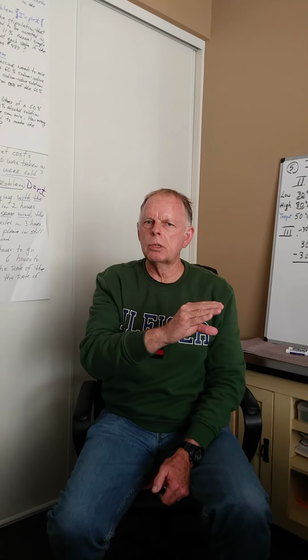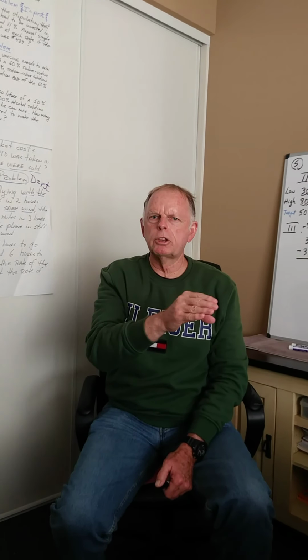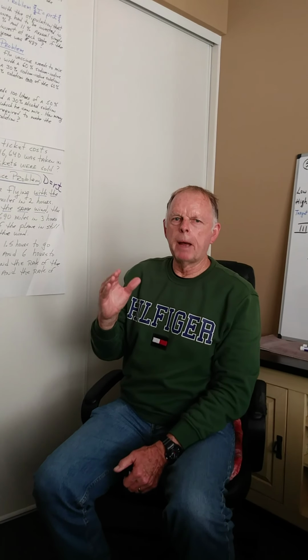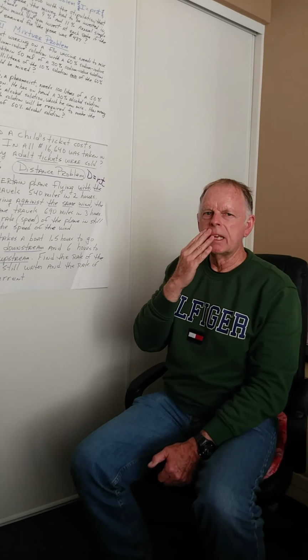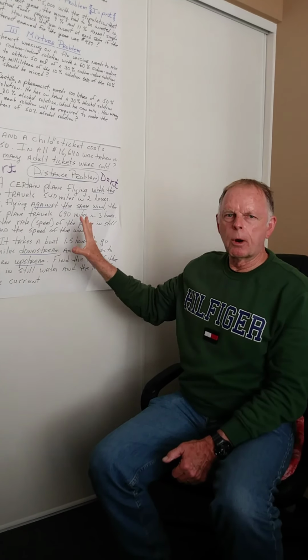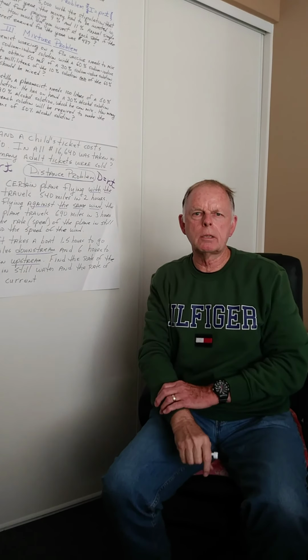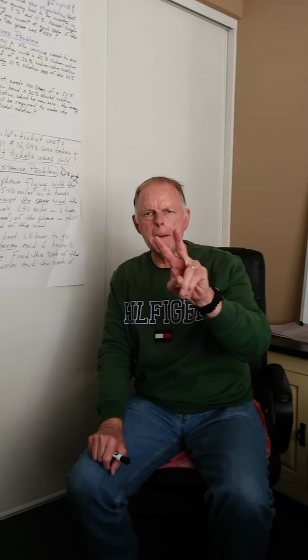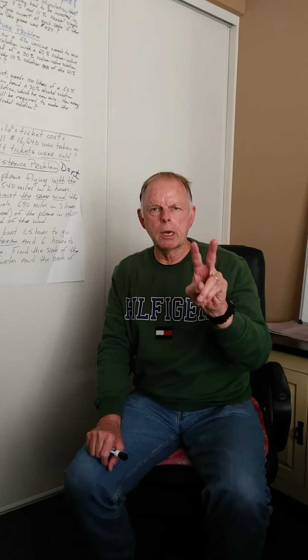The 2 rows, not the columns, but the rows. The other significant thing about the distance column is the fact that the problems that we're going to be dealing with are going to specify just 2 different types of transportation.